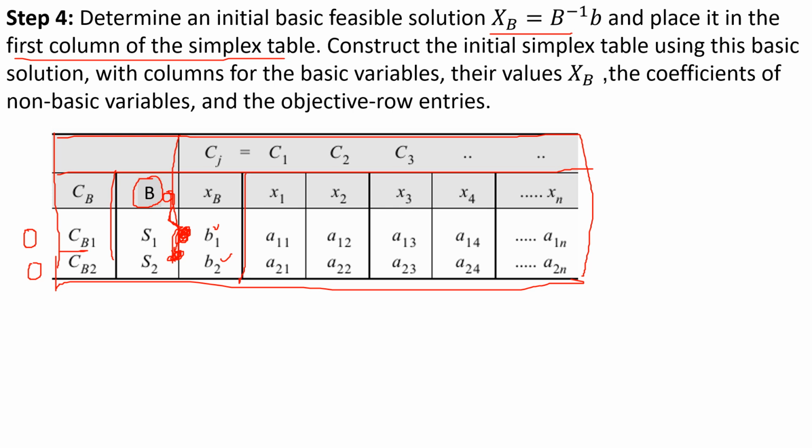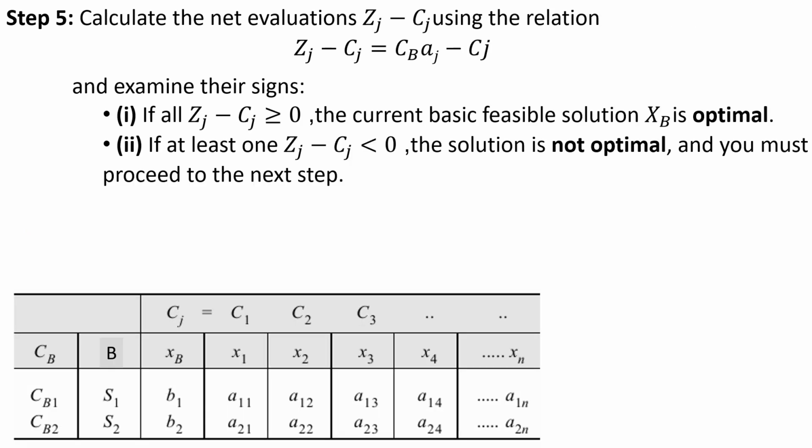And CJ is the cost coefficients for all the variables, and Aij, that is A11, A12, A13, etc., are the coefficients of the variables in the constraint equation. Let's see the next step.